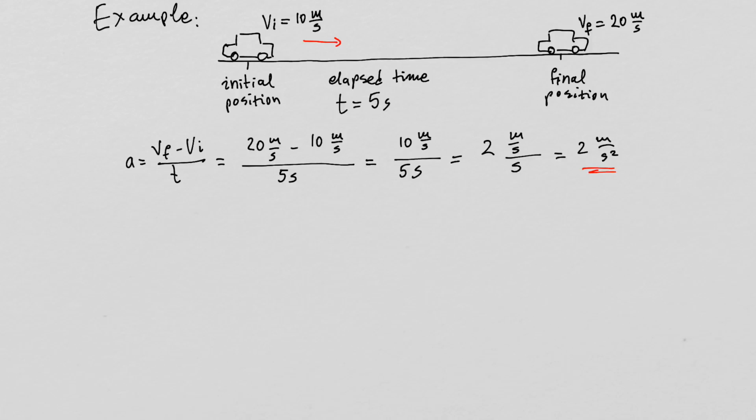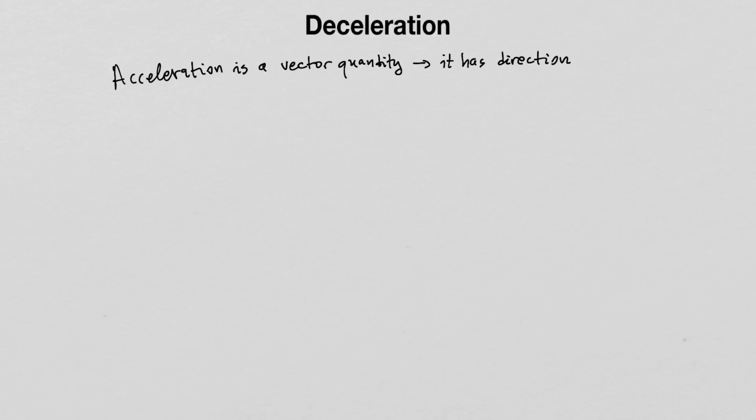And so how do we indicate the difference between accelerating to speed up and decelerating, or accelerating to slow down? Well, remember that when I discussed vector quantities, one of the examples was acceleration. Acceleration is a vector quantity, which means it has direction. So if a car is driving in some direction and it's speeding up, the direction of the acceleration vector is the same as the direction of motion of the car.